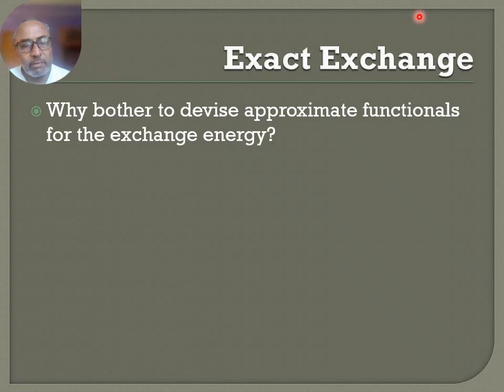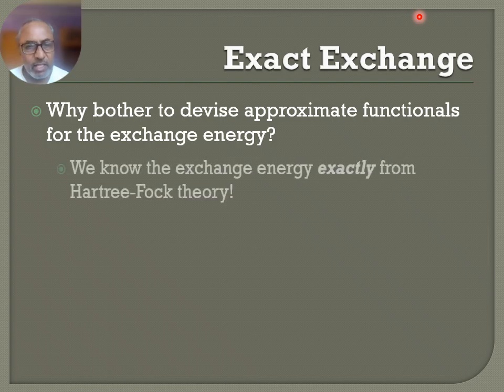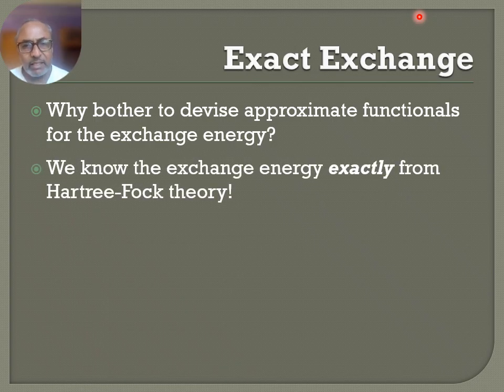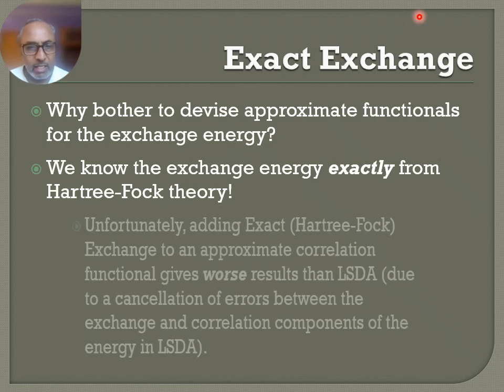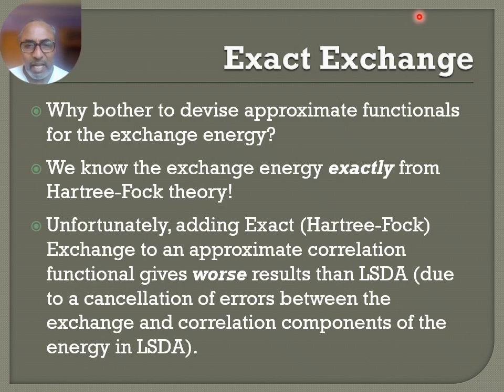Well, you might ask, why should we bother to devise approximate functionals for the exchange energy when we know the exact exchange energy from Hartree-Fock theory? Unfortunately, adding the exact Hartree-Fock exchange to an approximate correlation functional gives worse results than local spin density approximation, due to cancellation of errors between the exchange and correlation components of the energy in LSDA.